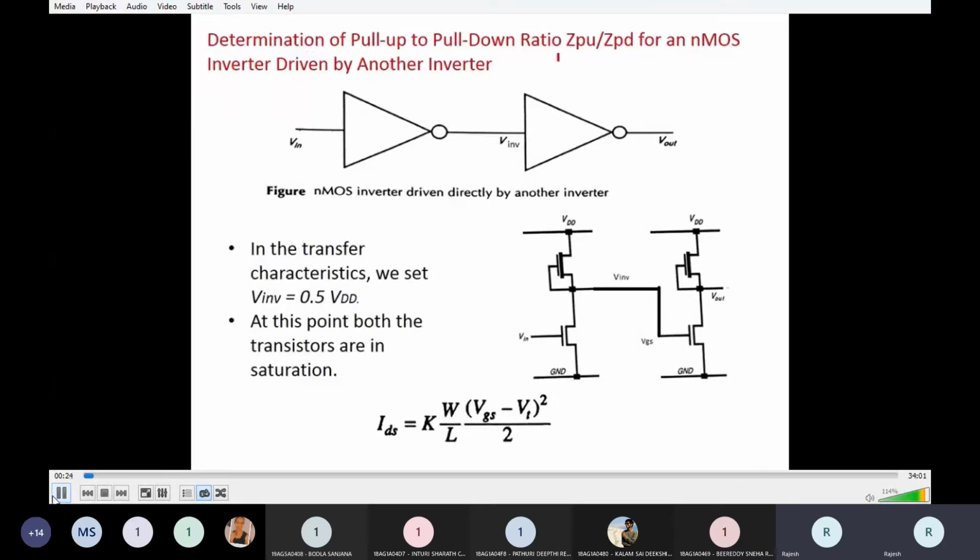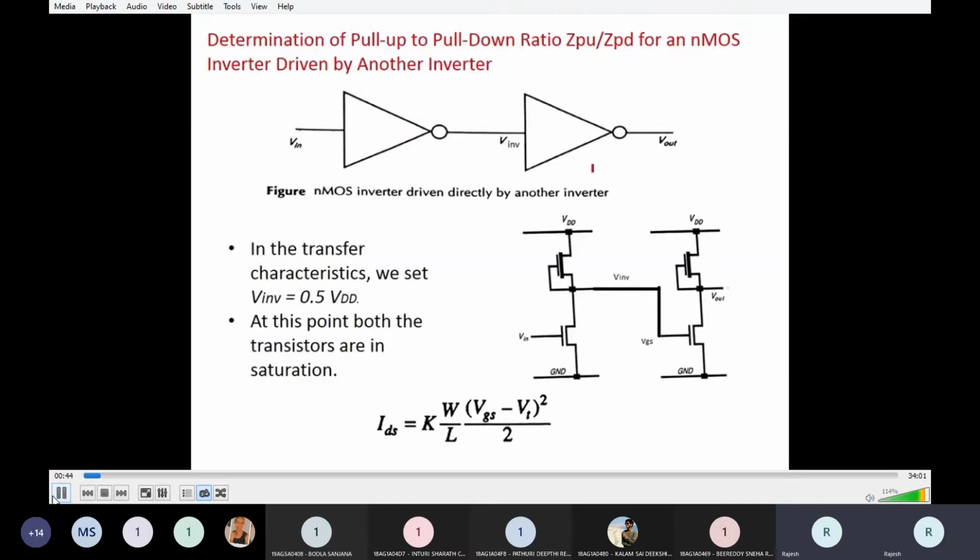So here, determination of the pull up to pull down ratio, Z pull up to Z pull down. So we are going to determine this ratio. Why? Because this inverter 2 is driven by inverter 1.